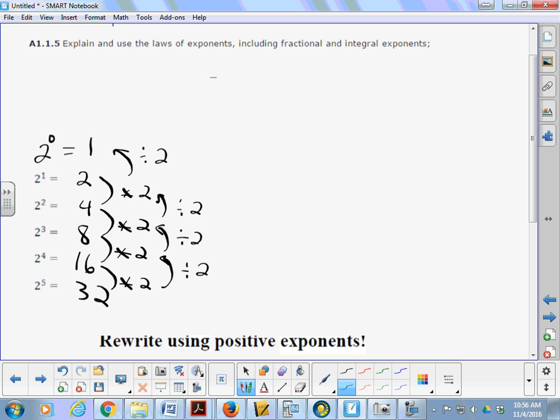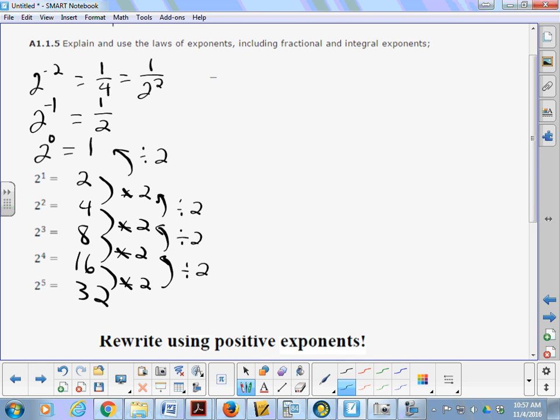Okay, so that's good. So how about if we work with negative exponents then? Let's go even further. 2 to the negative first. Well, if I divide by 2 again, I'm going to get 1/2. Divide by 2 again. 2 to the negative second. That would be 1/4, which is the same as 1 divided by 2 squared.